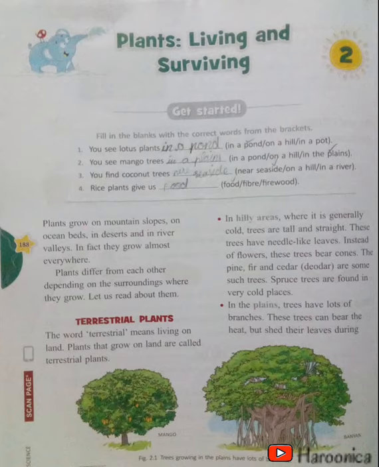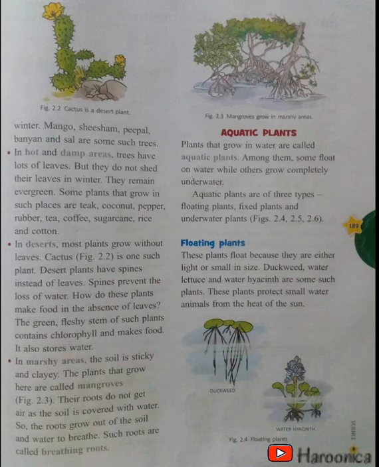Spruce trees are found in very cold places. In the plains, trees have lots of branches. These trees can bear the heat but shed their leaves during winter. Mango, sesame, peepal, banyan, and sal are some such trees.